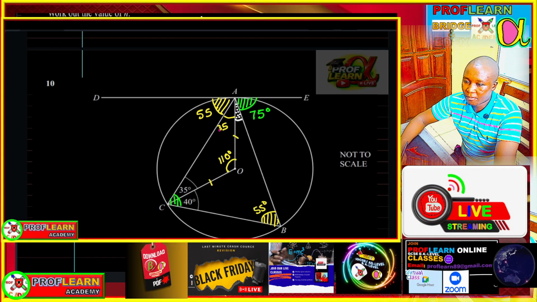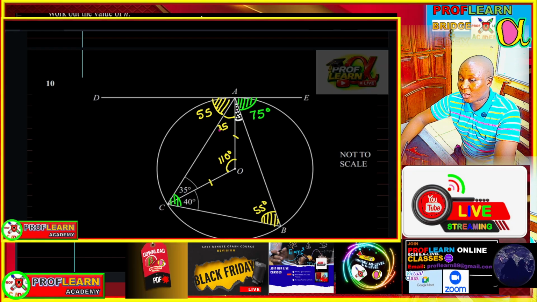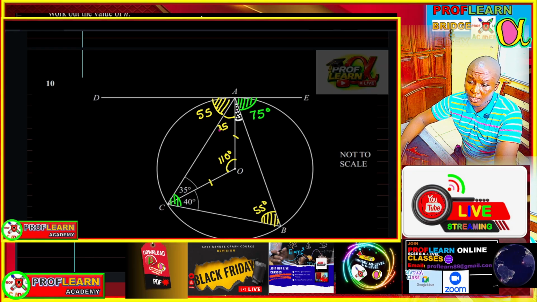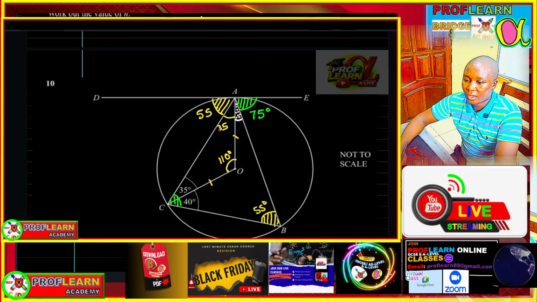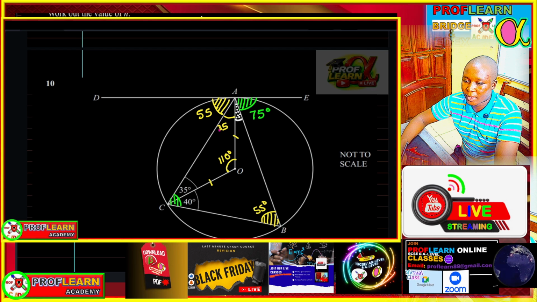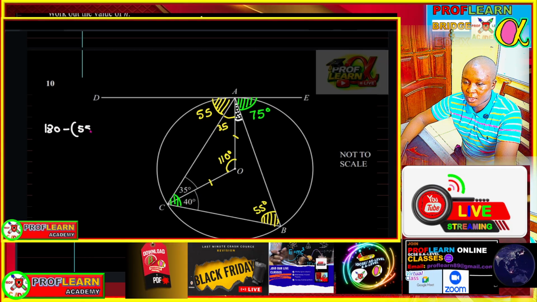This angle here. If you look at all those angles that are there, they form a straight line. So if you take 55 plus 35 plus angle OAB plus 75, they should give us 180. So this is going to be 180 minus 55 plus 35 plus 75.